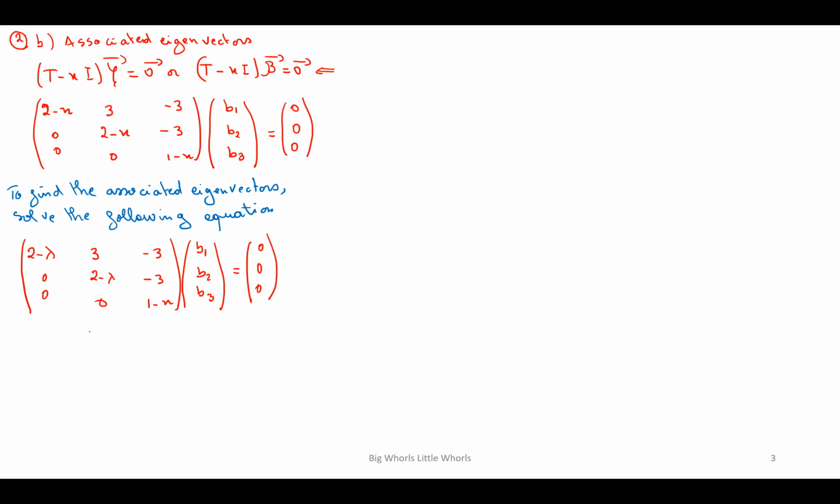So how do we solve such a linear equation? We are very lucky because our matrix is already in echelon form. Otherwise, we would need to reduce it to echelon form.